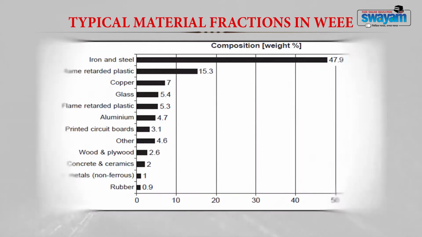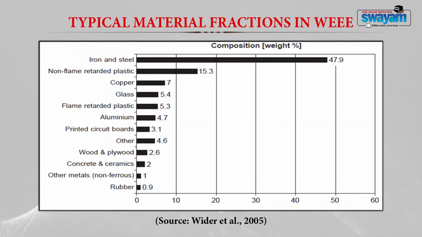Now this figure shows the typical material fractions in waste electrical and electronic equipment. As I told you earlier, this composition is given in terms of weight. Iron and steel occupies the maximum at 47.9%, followed by plastic 15.3%, copper 7%, glass 5.4%, flame retarded plastic 5.3%, aluminum 4.7%, printed circuit boards 3.1% and others 4.6%.